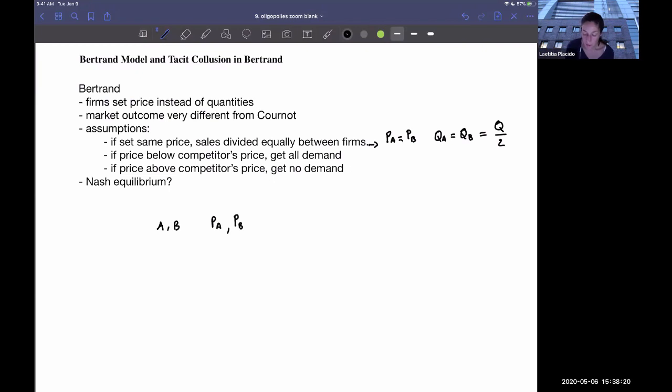Then what happens if firm A sets a price below the price set by firm B? Well, in that case, demand goes to the lower price. Because we're dealing with a good that's exactly the same, the consumers are going to buy from the firm that sells the cheapest. So in that case, QA is equal to the whole market demand.